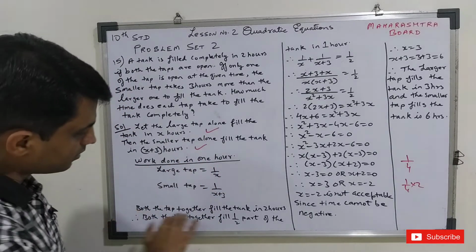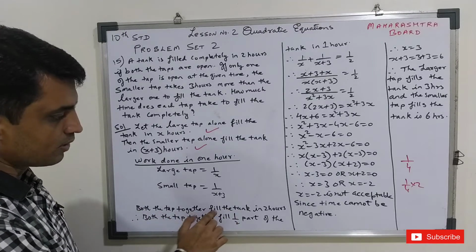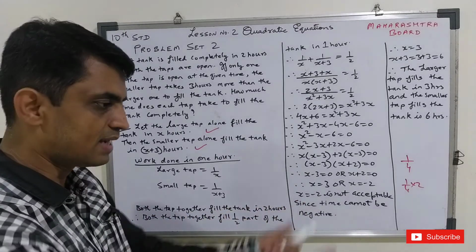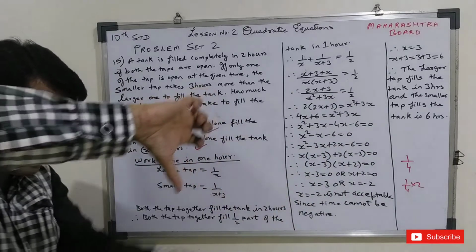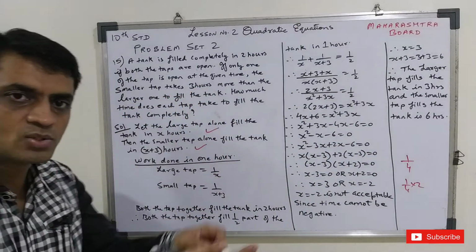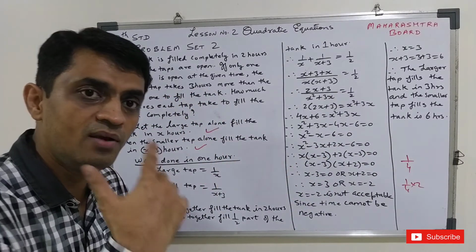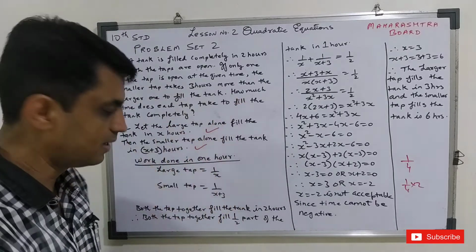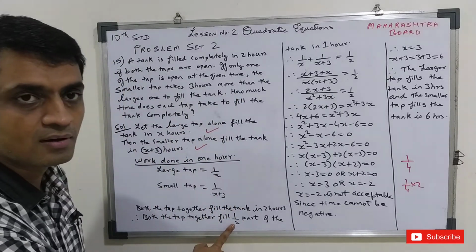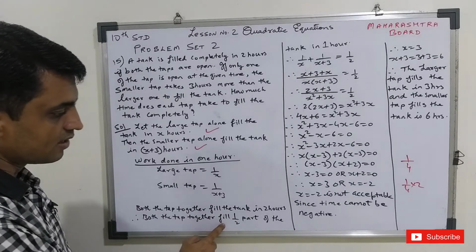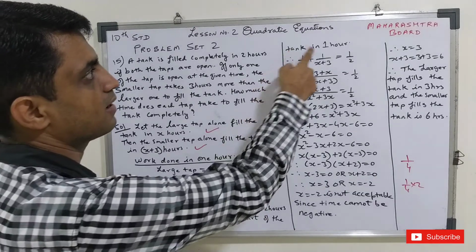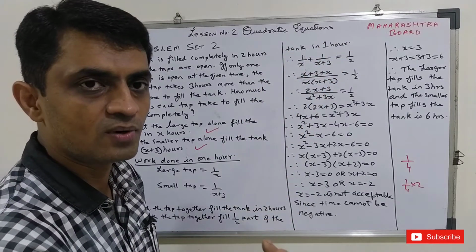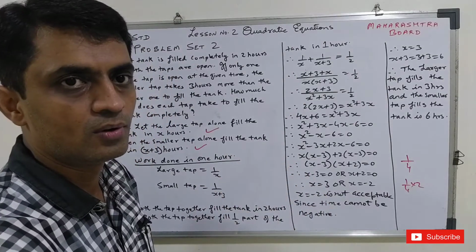Now, if both the taps together fill the tank in 2 hours, both taps work together. They fill the tank in 2 hours together. So in 1 hour, how much work will be done? Half work. So both taps together fill half part of the tank in 1 hour, 1 upon 2.